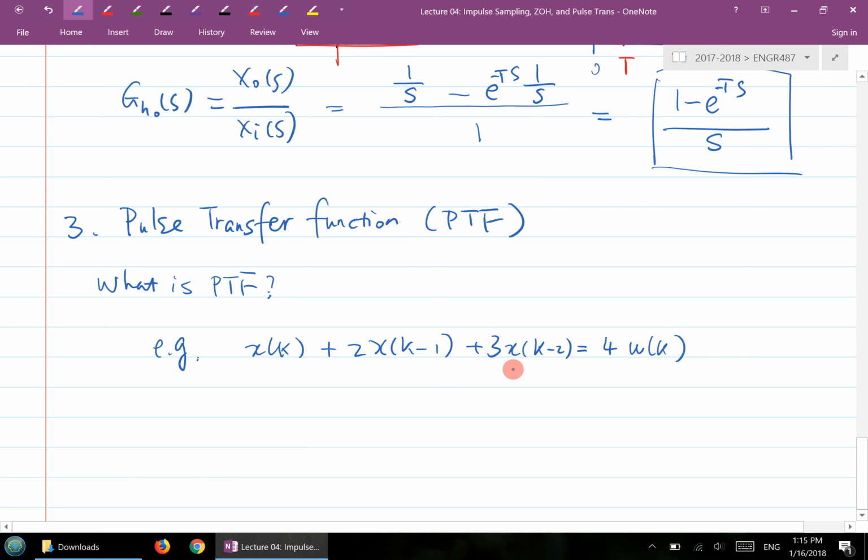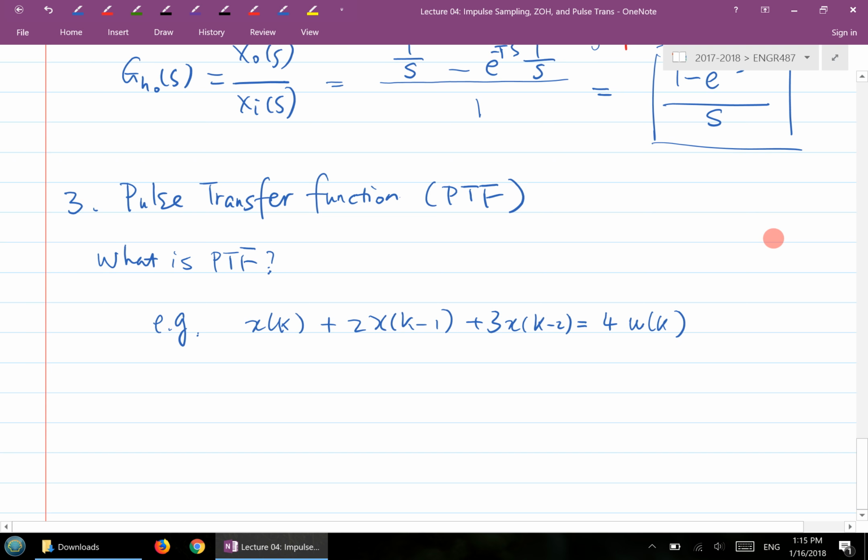Overall there's a connection by this expression right here, very much like an ordinary differential equation, which describes an input-output relationship. In the continuous case, you ask what the Laplace transfer function is. But here, what we really care about is the so-called pulse transfer function.